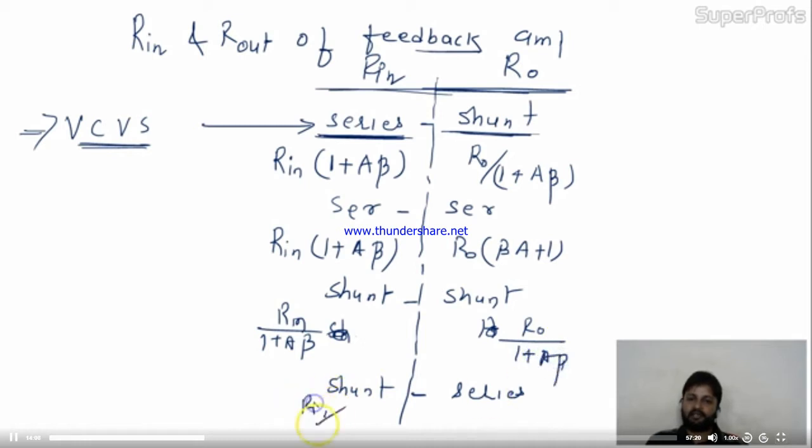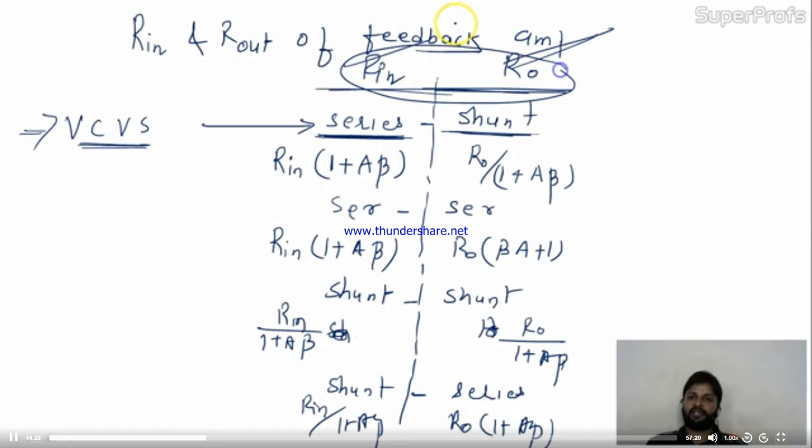Here Rin times 1 plus A beta and here Rout over 1 plus A beta. Is it okay to you? This is the input and output resistance, or I can say the effect of feedback on the input and output resistance. Okay. So this is series shunt. This is voltage control voltage source.